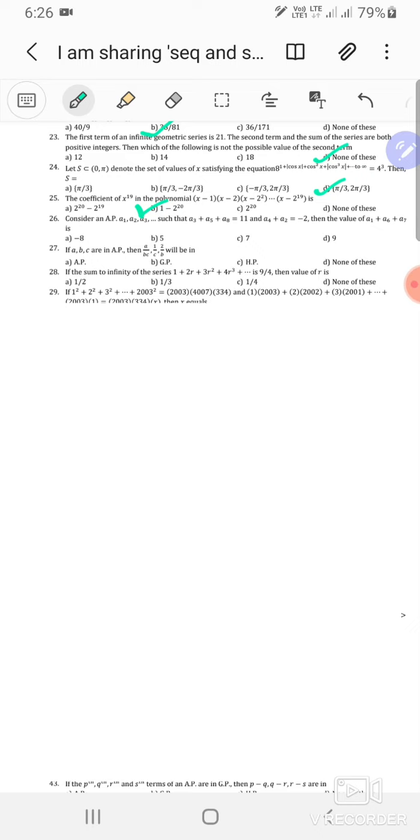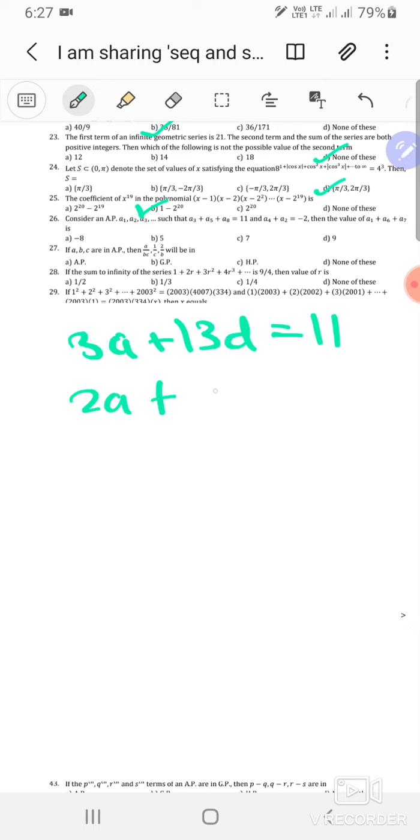Okay, let's just solve this. So you got 3a plus 2d plus 4d plus 7d, that has to be 13d, that has to be equal to 11. And A4 plus A2 is just 2a plus 3d plus d, which is 4d. 8 plus 8 is like 16, minus 3d. Okay, that's correct. That has to be equal to minus 2. Fine.